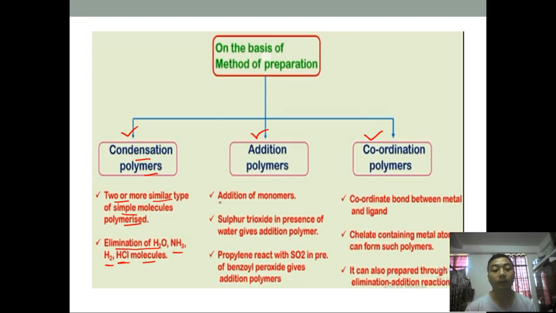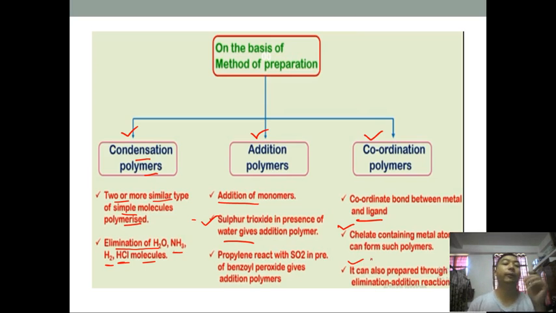In addition polymers, for example, when sulfur trioxide is present, water gives an addition polymer, right? The coordination polymers have coordinate bonds between the metals and the ligands. Chelate-containing metals can form such polymers. They can also be prepared through elimination or addition reactions.